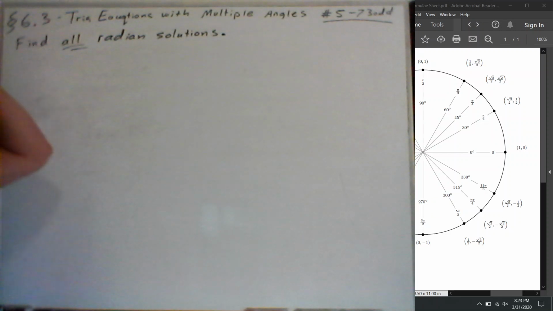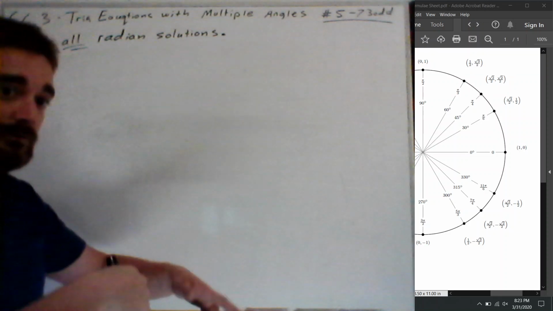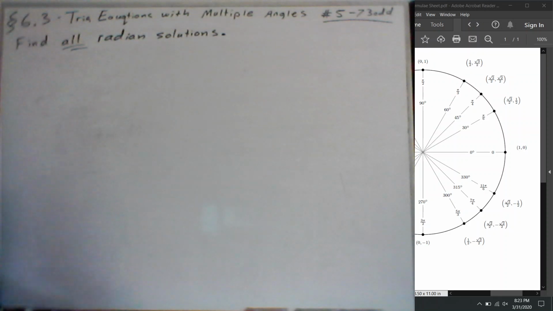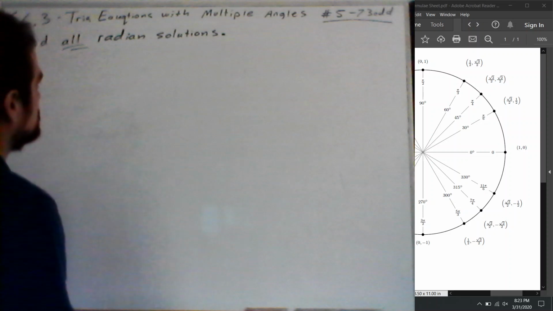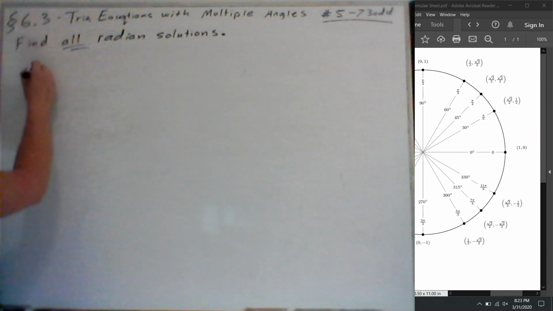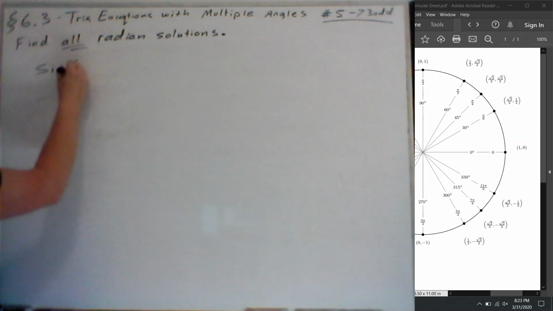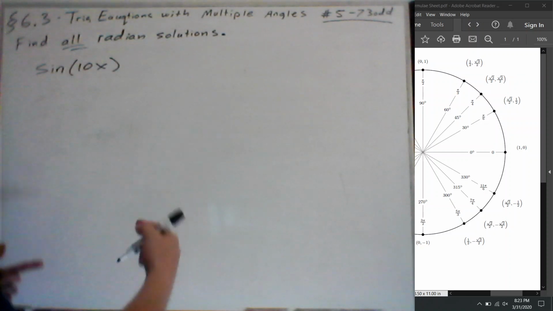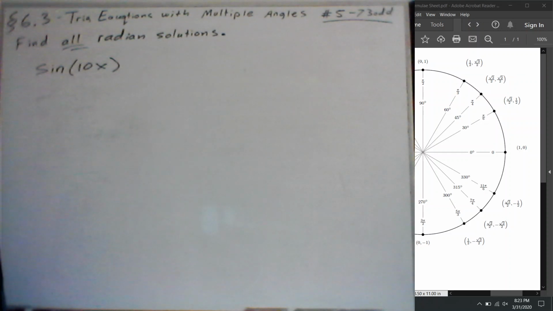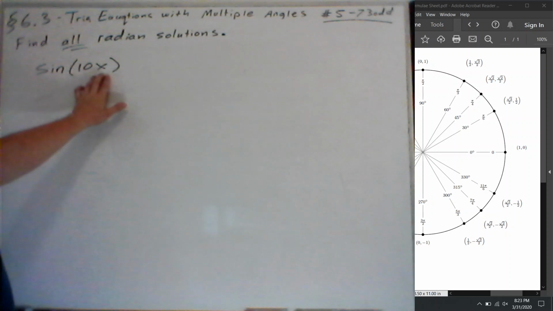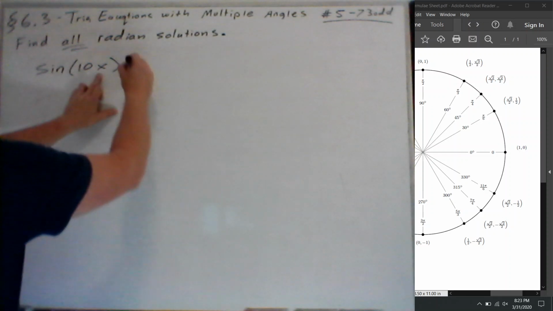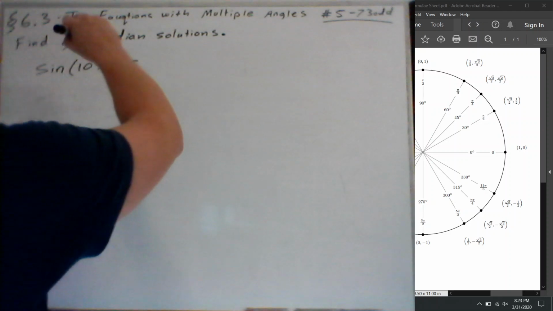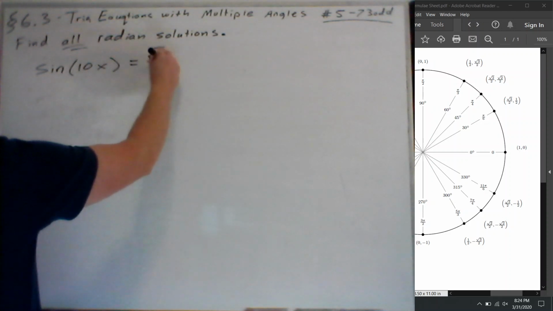So it's actually the nicer case where we don't have to do K equals 0, K equals 1, K equals 2, etc. We'll just give them the general format and stop there. And let's say we have sine of 10x. I'm going to pick on a big multiple. We'll say we have sine of 10x, so we're solving for x, is equal to root 3 over 2.